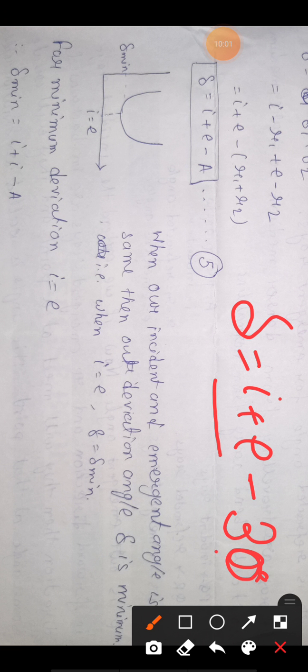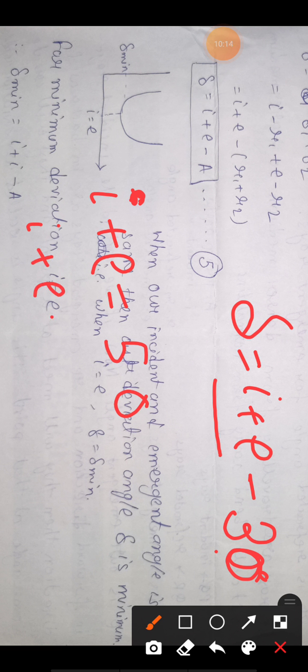Suppose in one case I plus E is 50, and in another case I plus E is 40. When I plus E is 50, obviously delta will be 20. When I plus E is 40, then delta will be 10. So if I plus E is maximum, then delta will be maximum. If I plus E is minimum, then delta will be minimum.